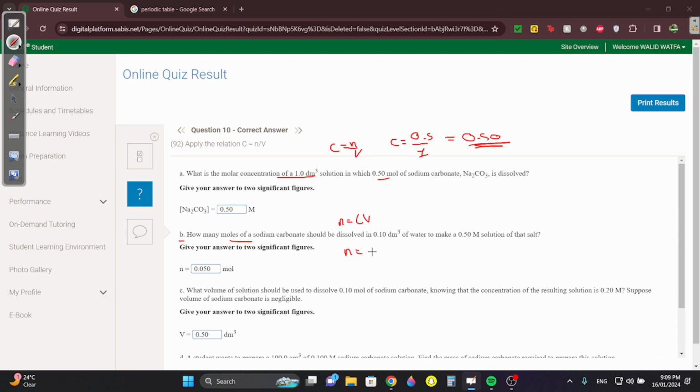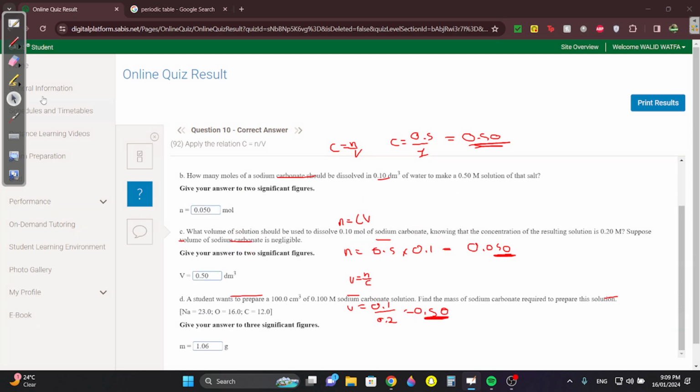So n equals the concentration 0.5 times the volume 0.1. You get 0.050, since two significant figures. What volume? Volume is n over C. So volume equals the moles 0.1 divided by C, which is 0.2. You get 0.50, two significant figures.